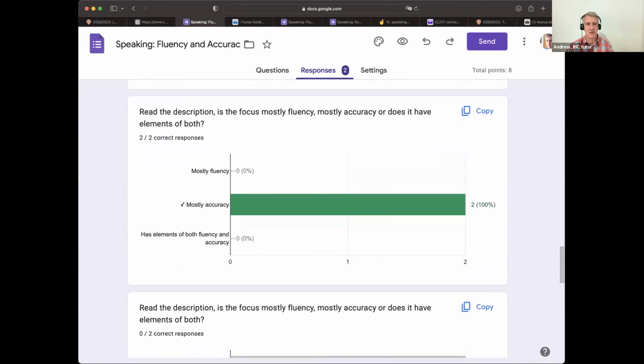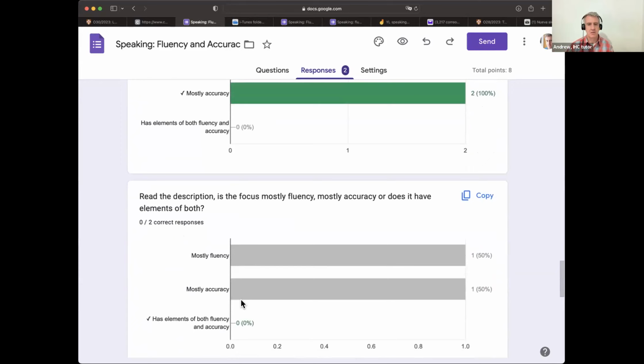So the next one is memory games. The answer is mostly accuracy, correct. Next one is the information gap.